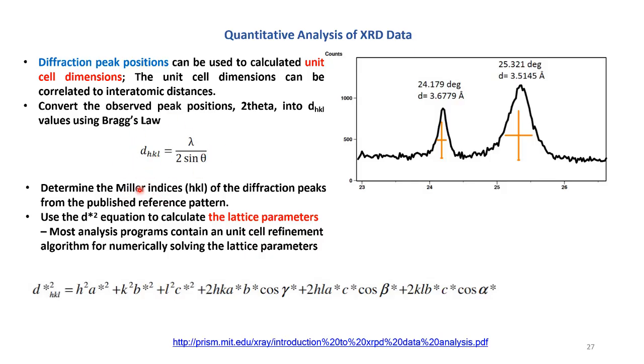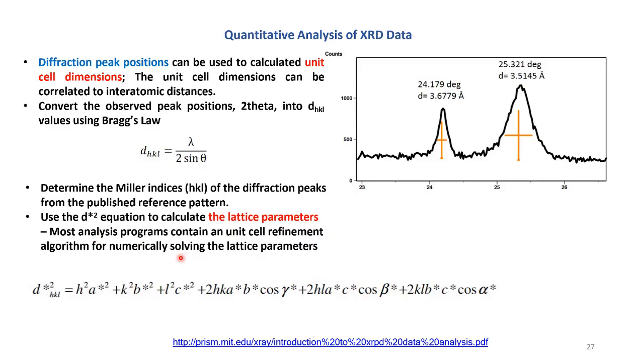And so this is the Miller indices. This value we will get is the Miller indices, represented as HKL, or the diffraction peaks from the published reference pattern. So this we need to again match with the standard data. Using this equation, we can calculate different lattice spacing for different lattice parameters.